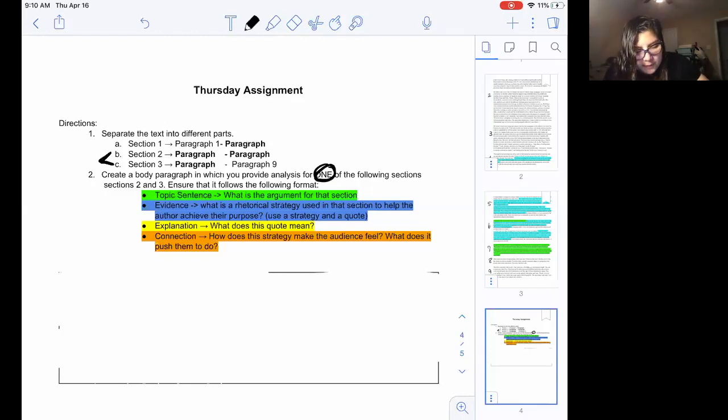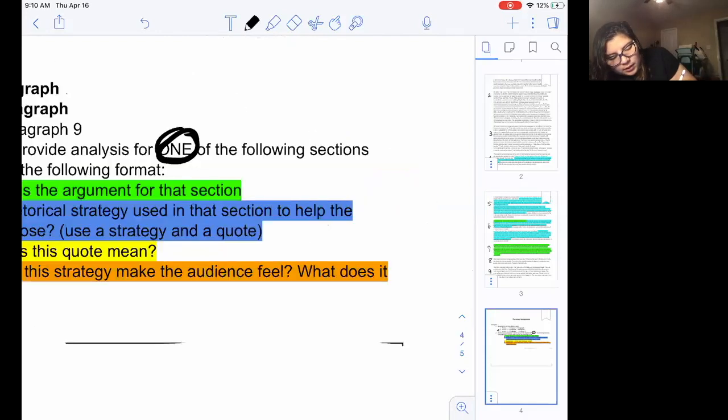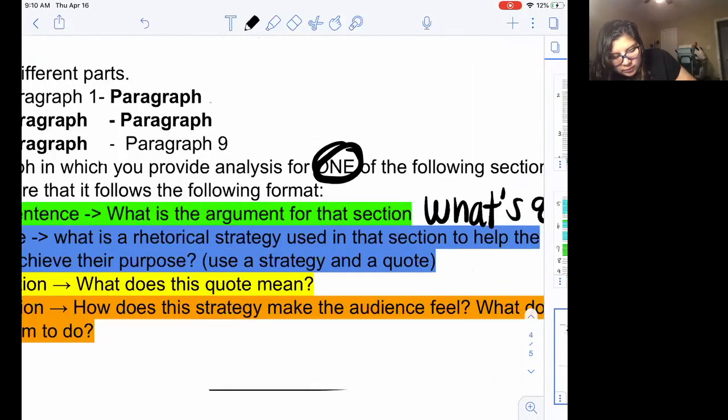Now, remember to follow this format. Your topic sentence is the argument of the section. The easier way to do it is what's going on here.